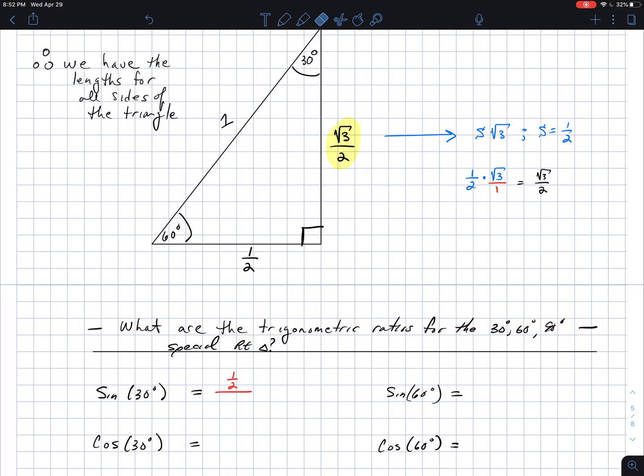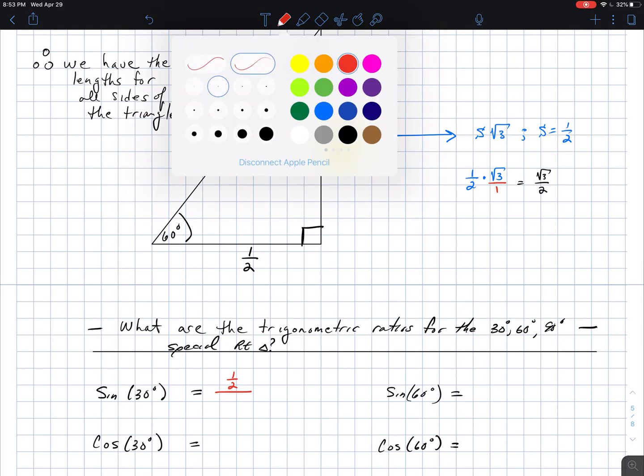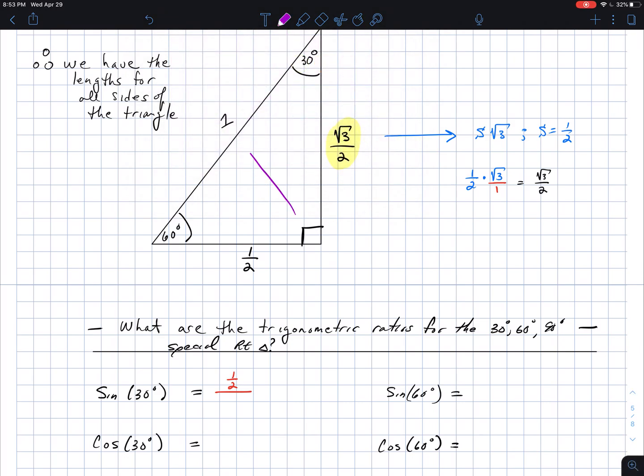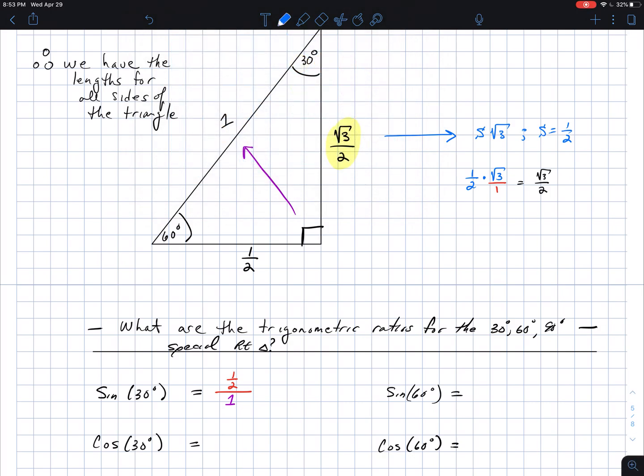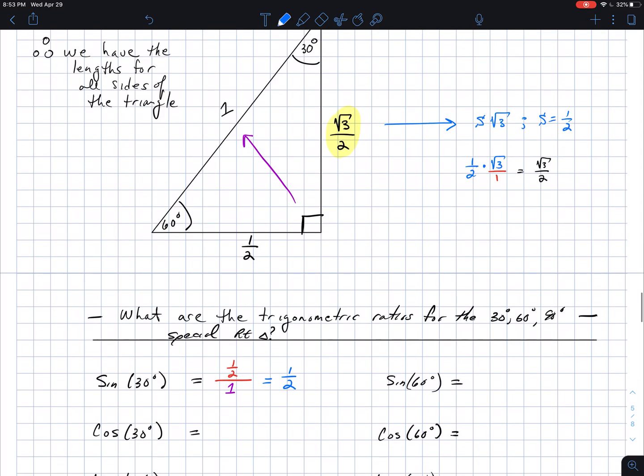What's the hypotenuse? Yeah, that's right. The hypotenuse is 1. So the sine of 30 is really 1/2. It's just 0.5. Kind of neat, I think so. A lot more here yet.